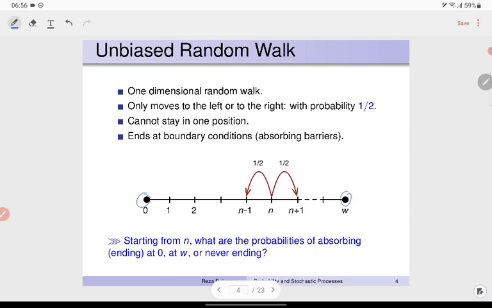Now the question or the problem that we are facing in an unbiased random walk such as this is that, starting from n, what are the probabilities of absorbing or ending, namely hitting the absorbing barriers at 0 or at w, or is there any probability also of never ending, namely moving on and on in this one-dimensional space?